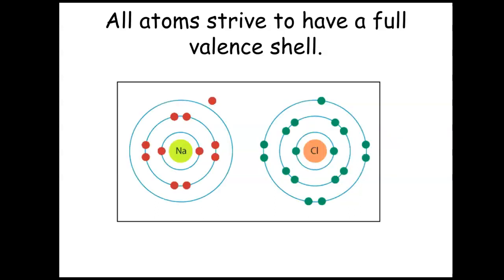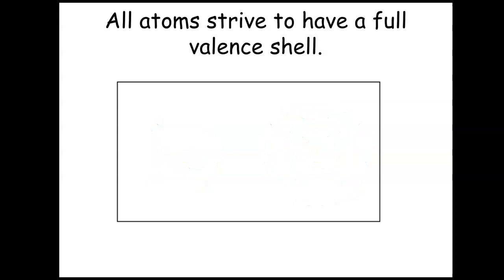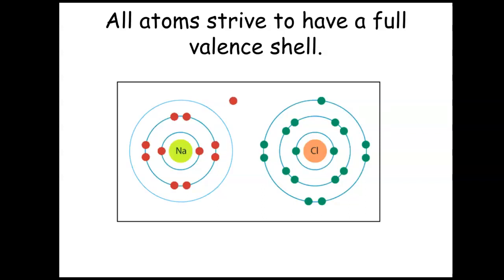And for that reason, you'll notice that sodium becomes a positive charge. That means that it has one more proton than it does electrons. Chlorine, on the other hand, has just gained an electron. That means that it has one more negative charge than it started off with, because remember, those electrons are negative, and therefore it now has a negative charge.